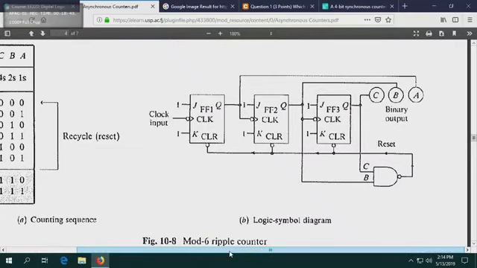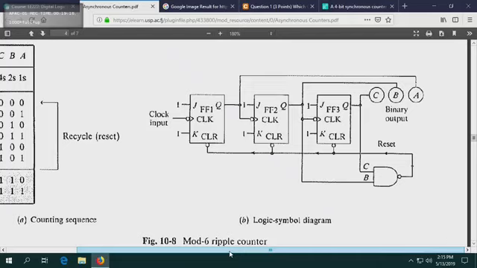So the moment a particular condition is met, and over here we were trying to develop, I think we were looking at it last week, a mod 6 ripple counter, asynchronous counter, right? And you must know the word ripple coincides with the word asynchronous. Mod 6 means it will count to the number 5, and after the number 5 it will return back to 0.